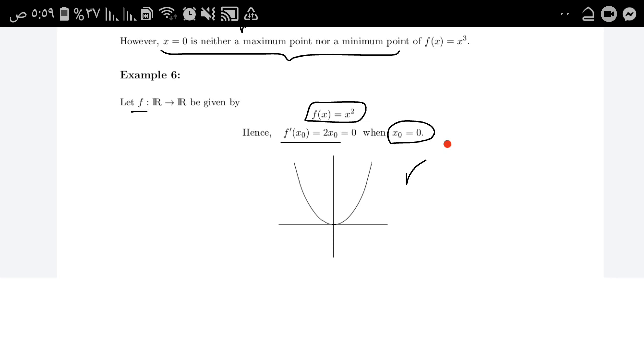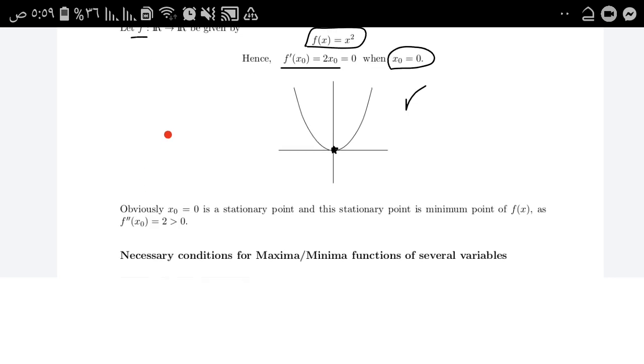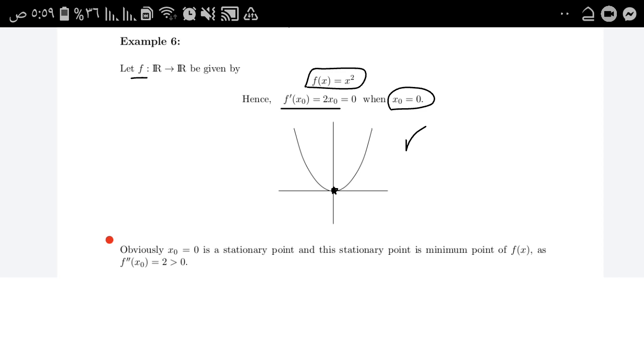The derivative of this function is equal to 0 when x0 is equal to 0. What's the result? Obviously x0 equal to 0 is a stationary point, and this stationary point is a minimum point.